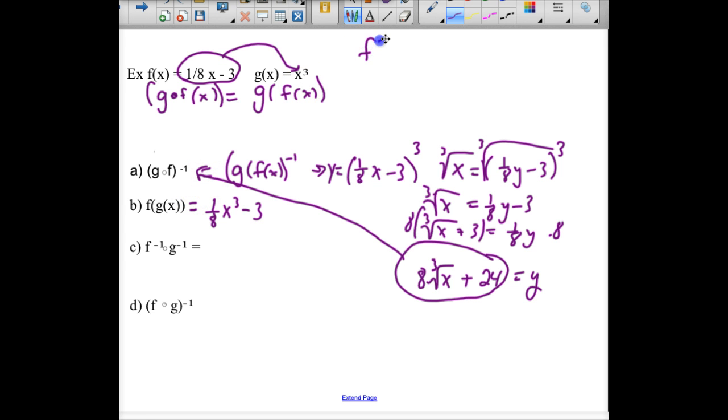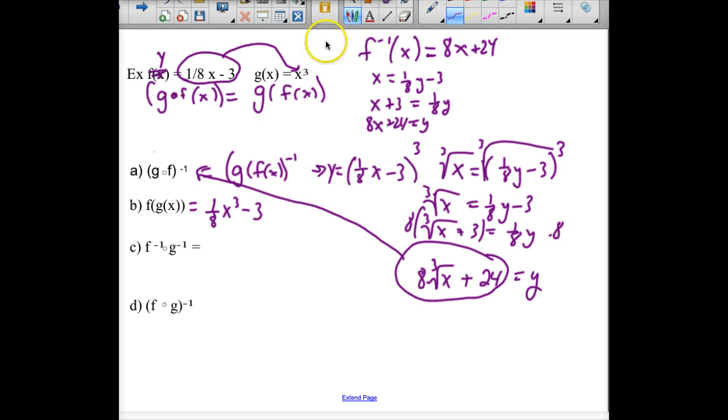So the inverse of f, if you switch the variables, so this is y, you're going to switch the variables, add 3 to both sides, multiply by 8, so 8x plus 24 is the inverse of f.